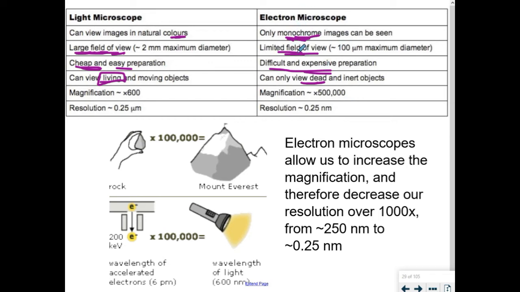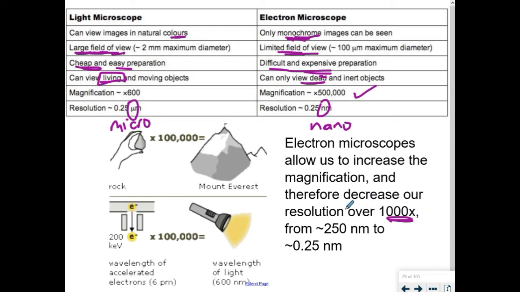No color, very narrow view, very expensive, dead objects only. Those are the downsides. Plus sides, huge magnification: 500,000 to 2 million. The resolution is tiny. Okay, you need to know these prefixes here. The resolution of a light microscope is in the micros. The resolution of the electron microscope is in the nanos, and nanos are over 1,000 times smaller in terms of what you can see.